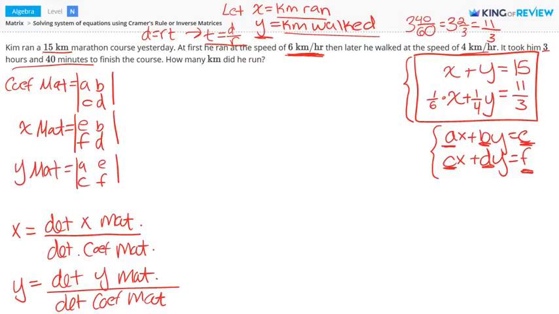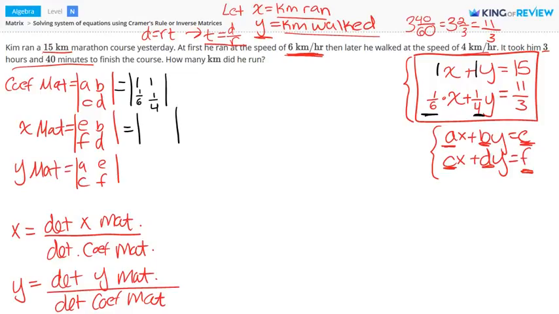So let's fill in our specific values for the entries. Let's look at the coefficients. Well, we have a coefficient here of 1, another coefficient of 1, then we have 1/6 and 1/4. So 1, 1, 1/6, and 1/4. Now let's set up our x matrix.